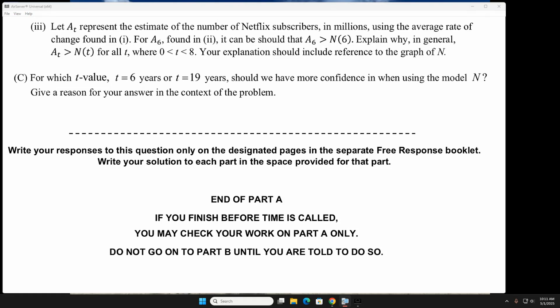A sub 6 found in part 2, it can be, this is a typo, it should say it can be shown that A sub 6 is greater than N of 6. Explain why, in general, A sub t is greater than N of t for all t, where t is between 0 and 8. And your explanation should use reference to the graph of N.